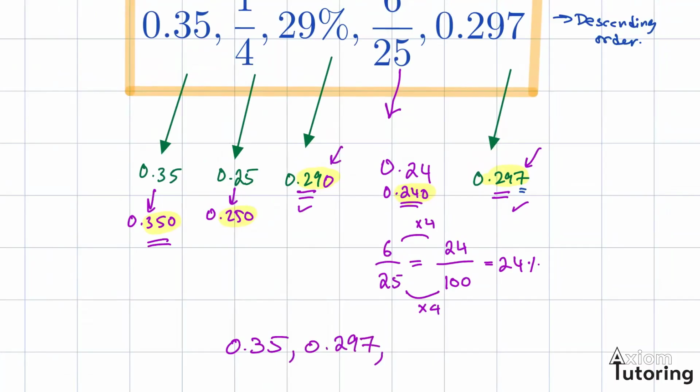After that, 0.290, but they gave it to us as 29%, so we write it as 29%. Then 250, so we write a quarter. Then 240, and that was given as 6/25. And we've now arranged all 5 numbers in order from largest to smallest.